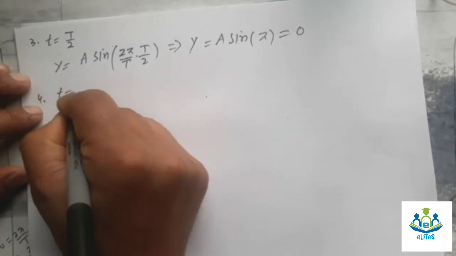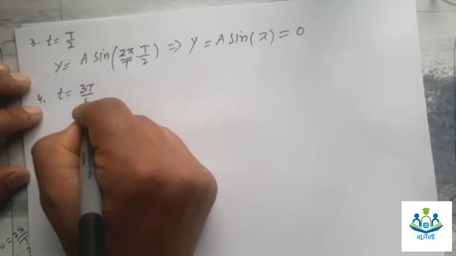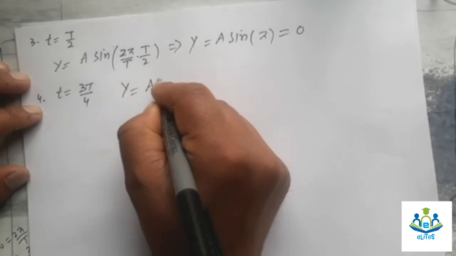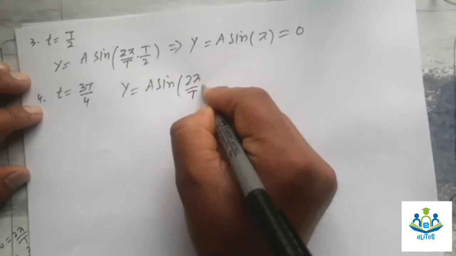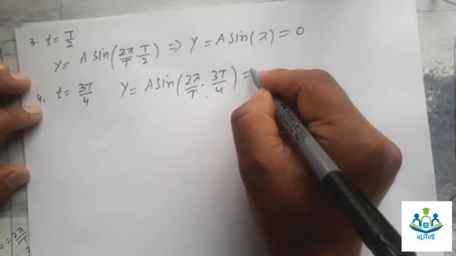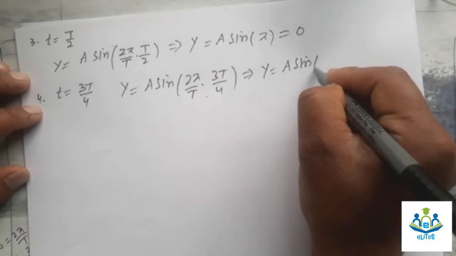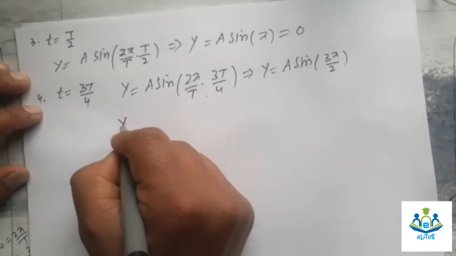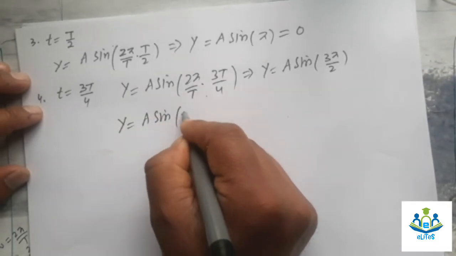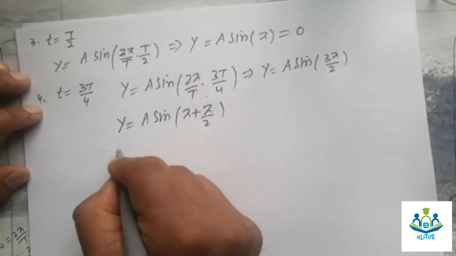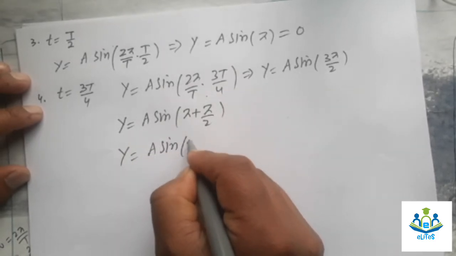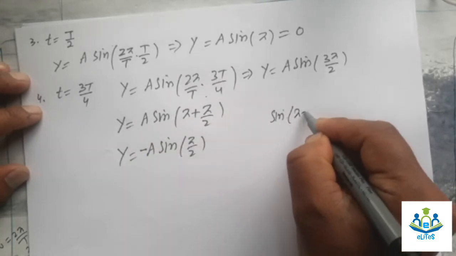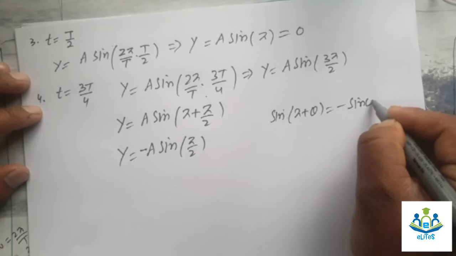Number four: when t is 3T over 4, when it reaches the other extreme position, y is a sine of 2 pi over T into 3T over 4, which equals a sine of 3 pi by 2. We can also write this as y is a sine of pi plus pi by 2, so y is a sine of pi by 2 but with a minus sign, because sine of pi plus theta is minus sine of theta.